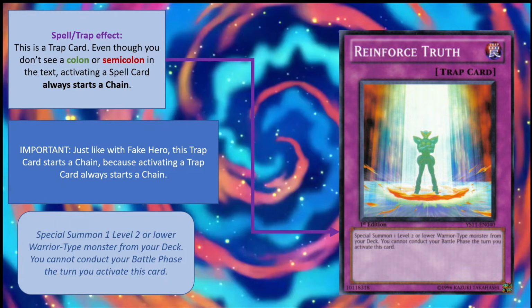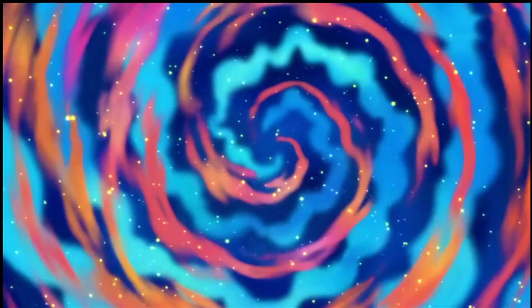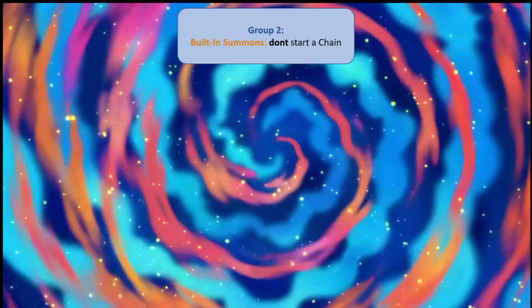Now we're going to be looking at the built-in summons, which is quite technical and hard to properly understand. So group 2 does not start a chain, but there are a little bit of loopholes in the statement.